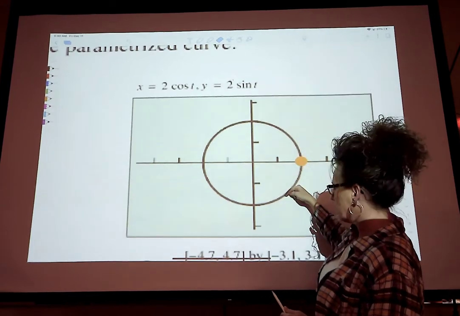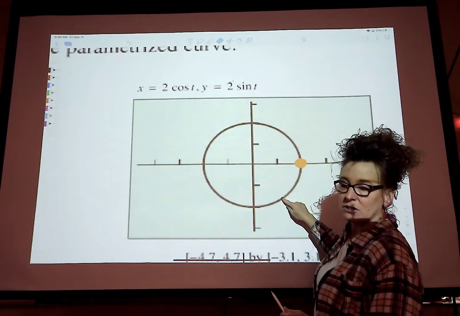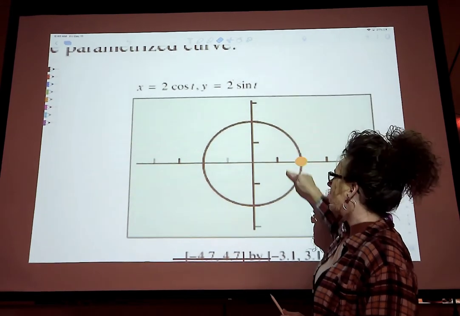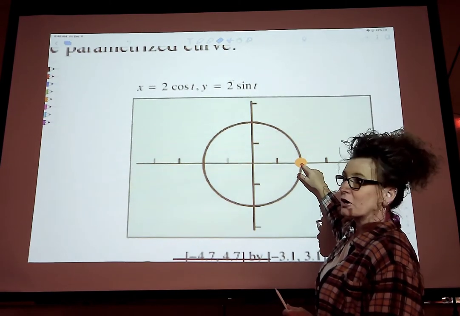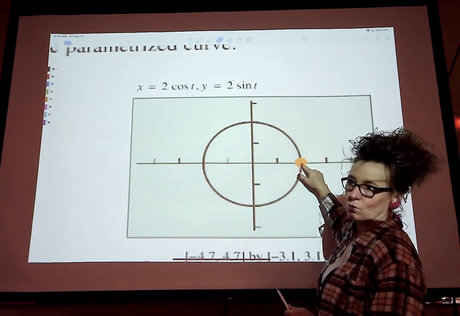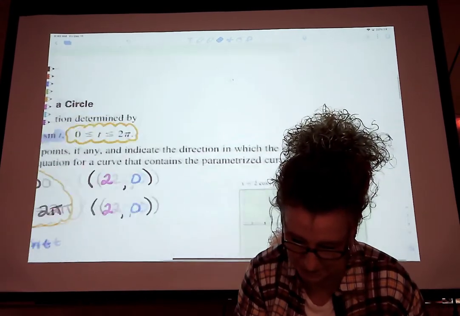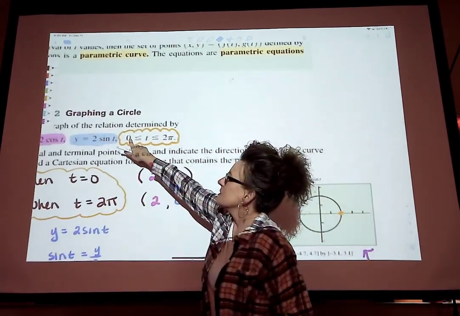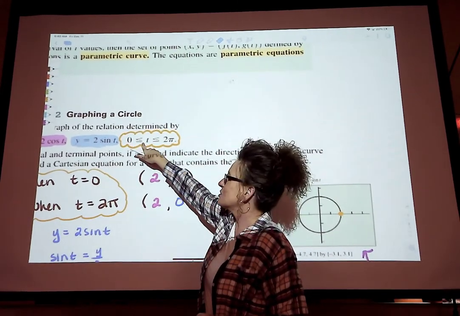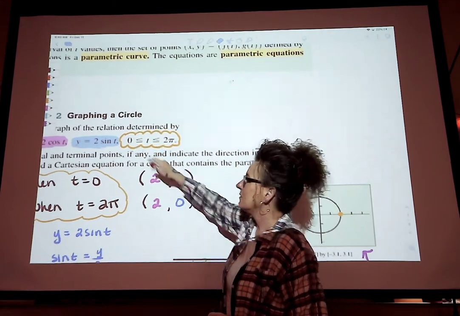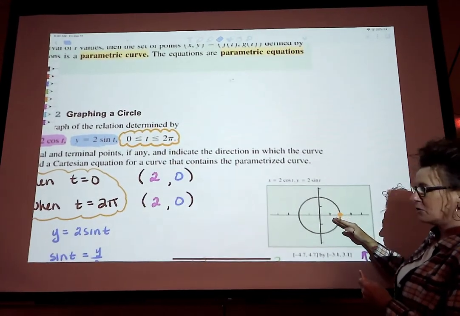But if it went this way, its x would be positive and its y would be negative. So let's find out what my y values are like when t is just getting started. When t is just getting started, is my y value going to put us up here, or is my y value going to put us down here?